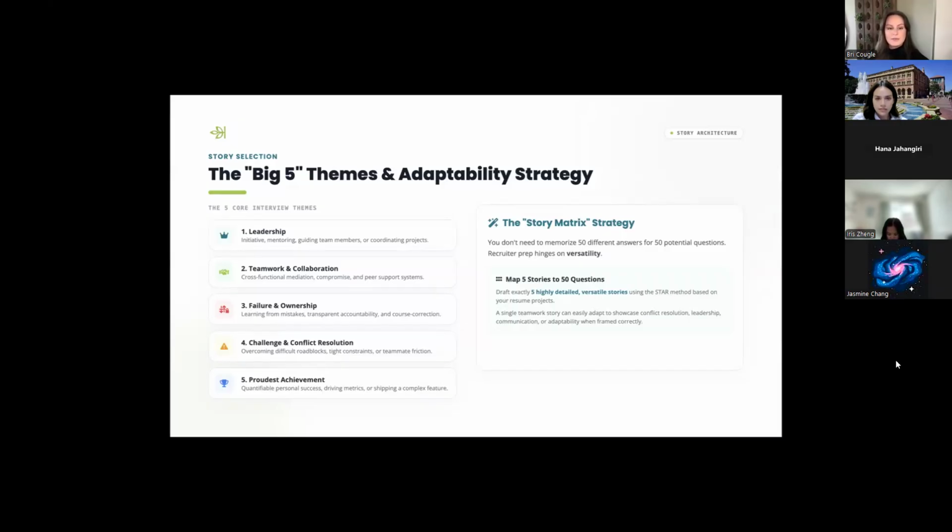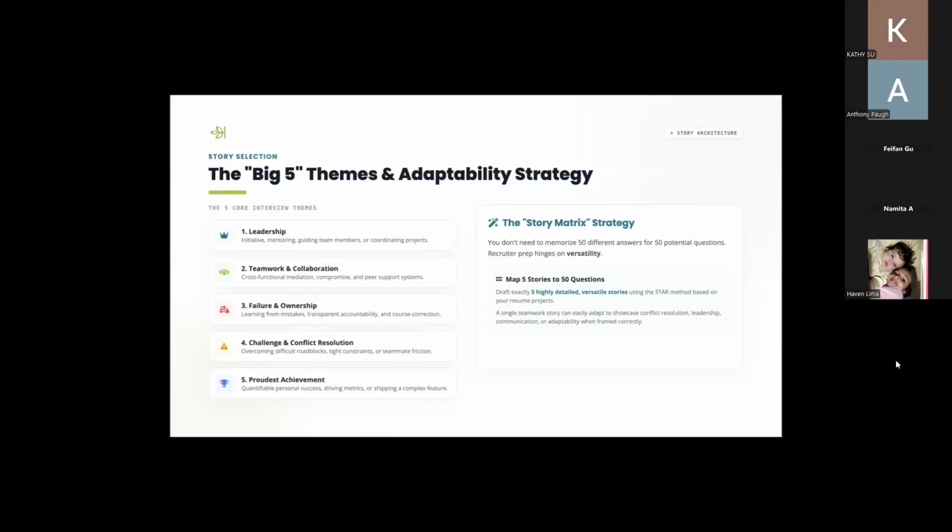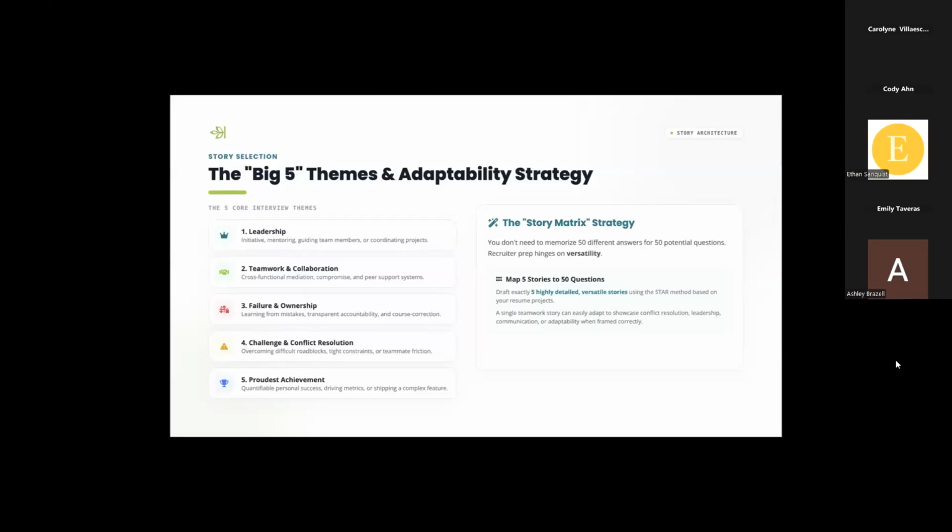And then the other thing, and I'll get into this in a second, is your proudest achievement. So the driving metrics, shipping a complex feature, creating something. It is your time to brag about yourself, to be honest.